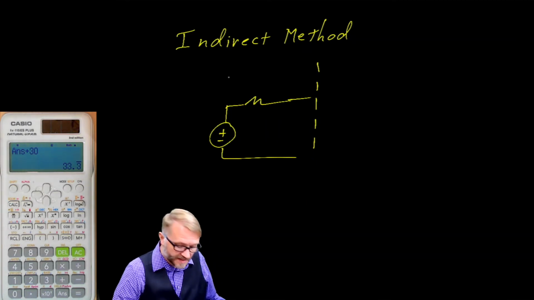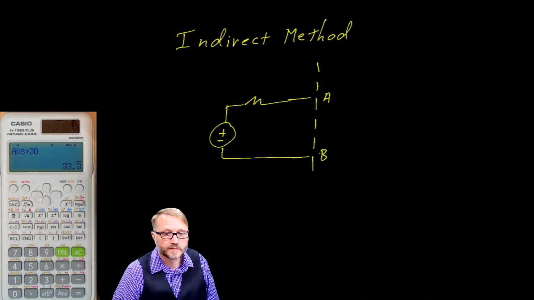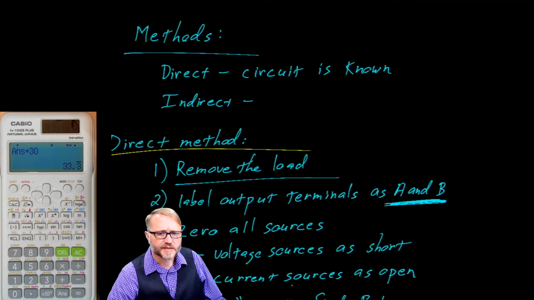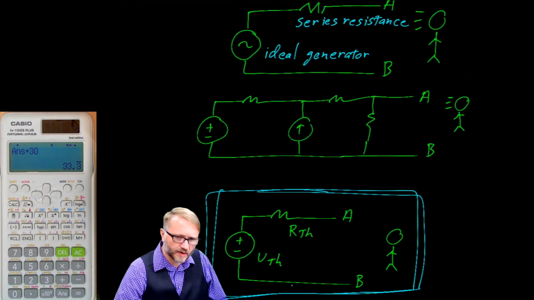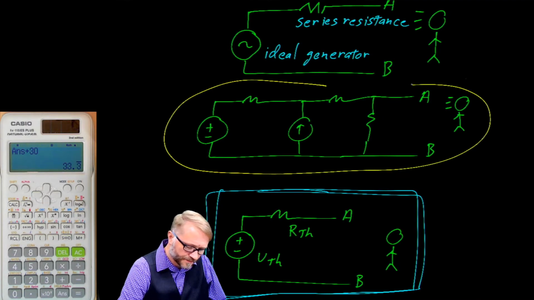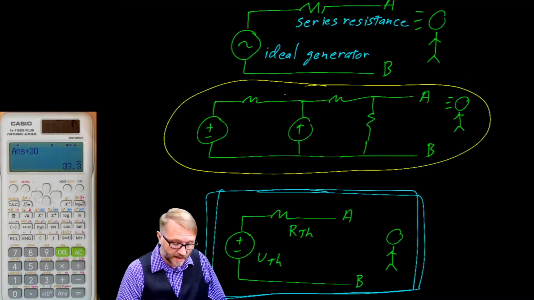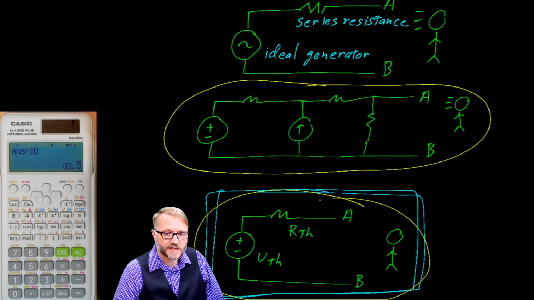So the best you can do is model it as if it was a Thevenin supply. I think we already mentioned this. You take a Thevenin circuit. If you have a power supply, that power supply has two output terminals. Any power supply with two output terminals can be modeled as a Thevenin voltage and a Thevenin resistance in series.